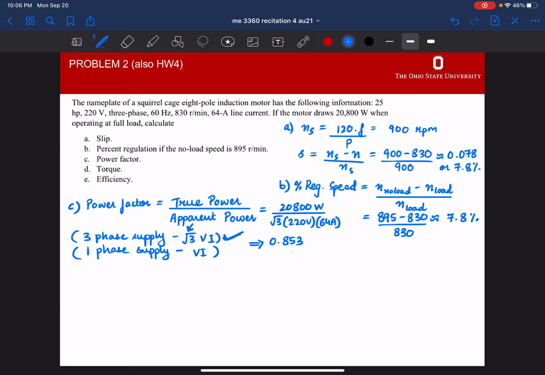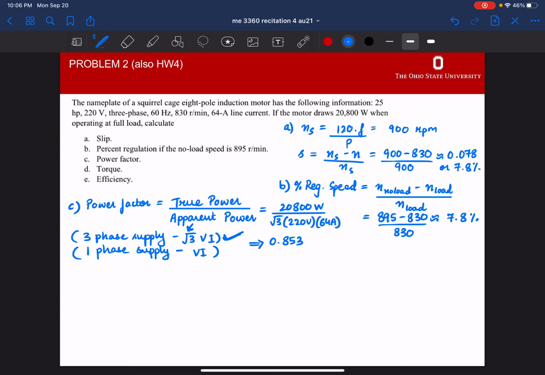Now the power factor is a number that lies between -1 and 1, and depending on if it's between -1 and 0, or if it's between 0 and 1, there are two things that can happen.